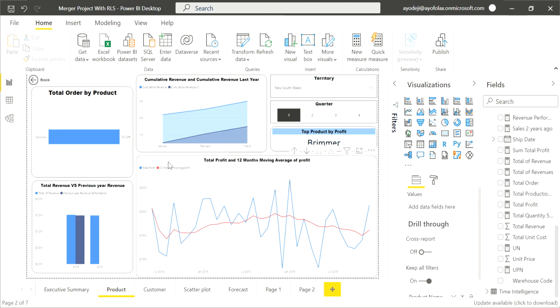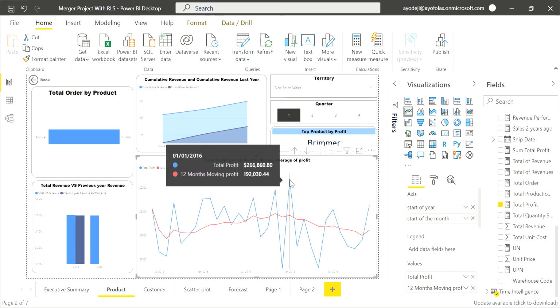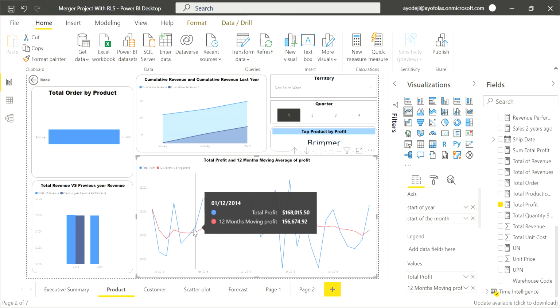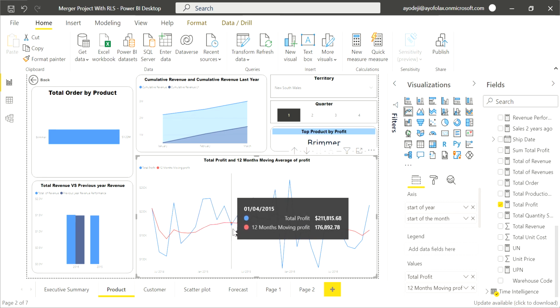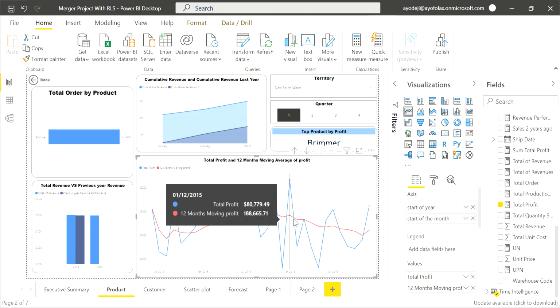Here is the indication of the total profit and the 12 months moving average for the profit. We could see this blue line gives an indication of the profit. You can see that the highest profit came around January of 2016. The lowest is around here, but the red line, which is the moving average, helps smooth and better understand the overview of the profit.